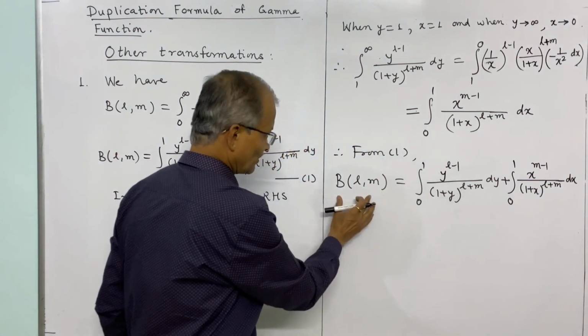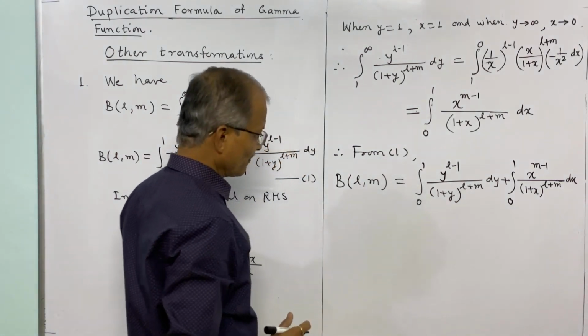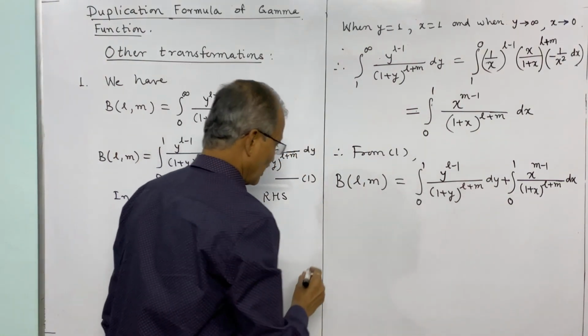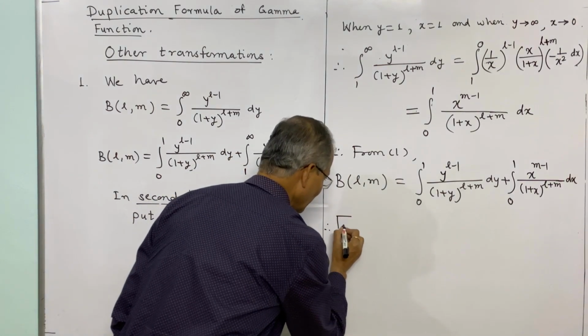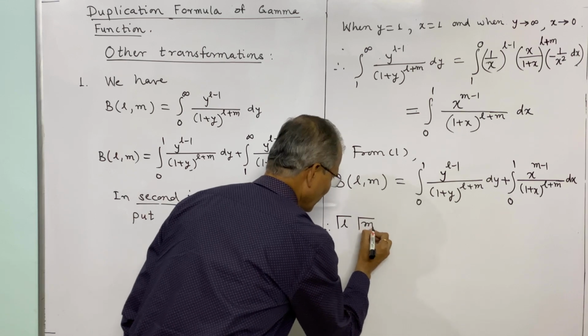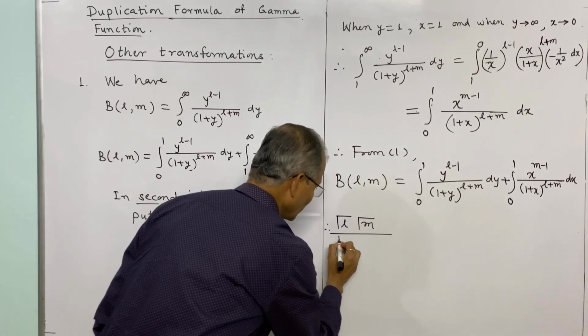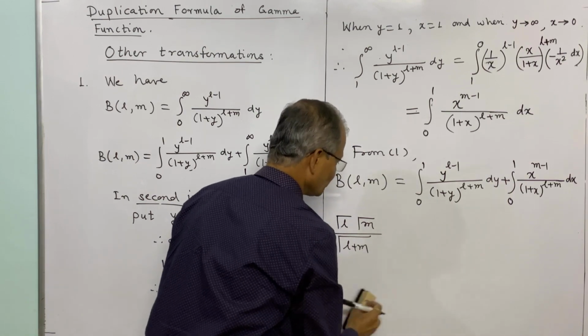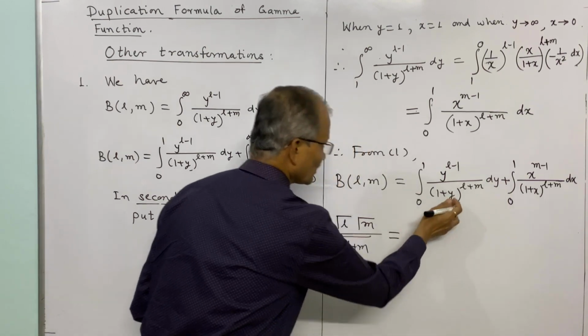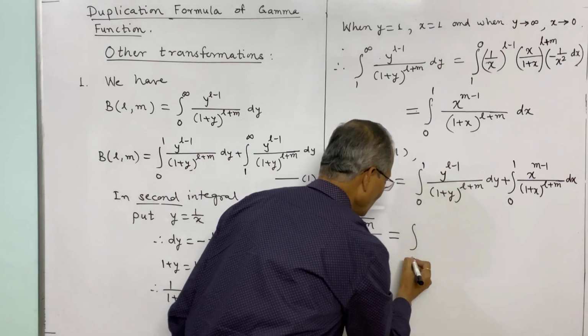And thus what is the left side? It is beta of L, m, and this beta of L, m can now be written in terms of gamma: gamma of L into gamma of m divided by gamma of L plus m, and that is equal to the integral 0 to 1.